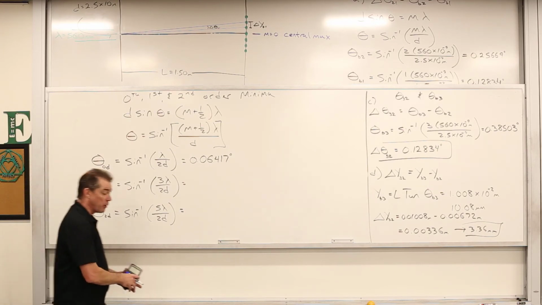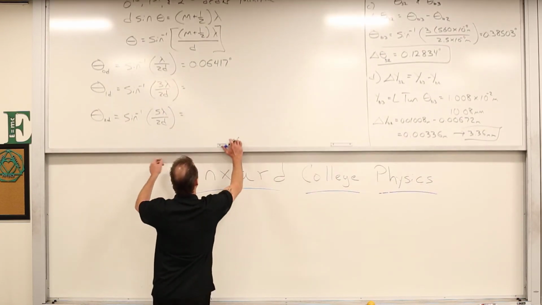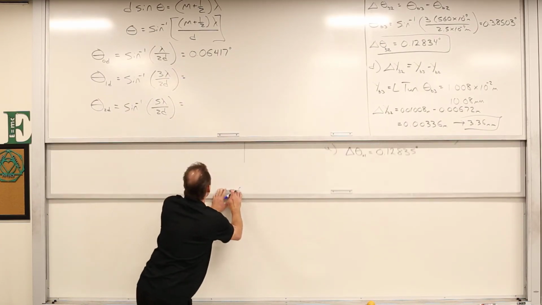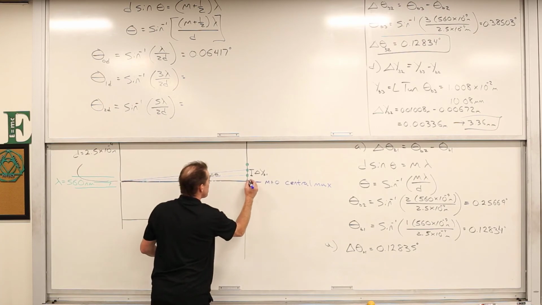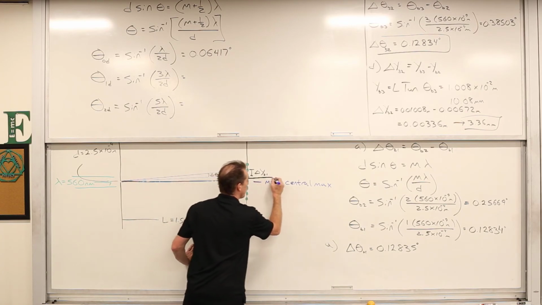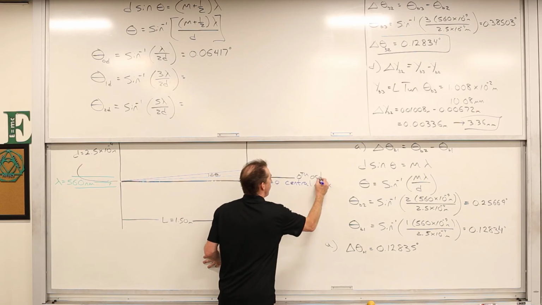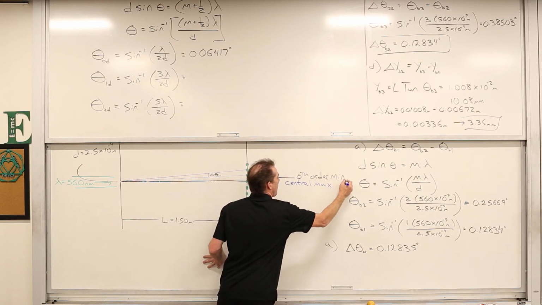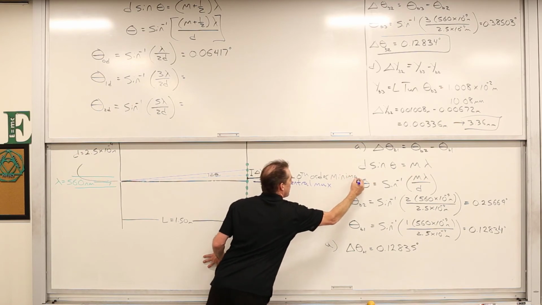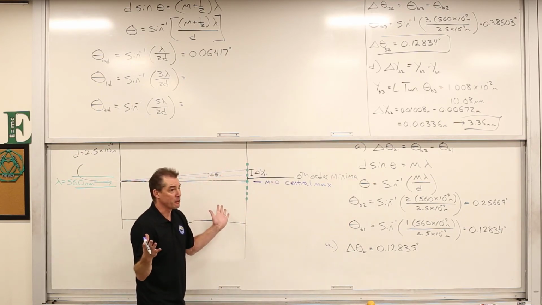So that's to the 0th order maxima. Where's the 0th order maxima? Excuse me, minima. 0th order minima, excuse me, sorry about that. That one's right there. 0th order minima. It's the first one above the principal axis. First one is the 0th.